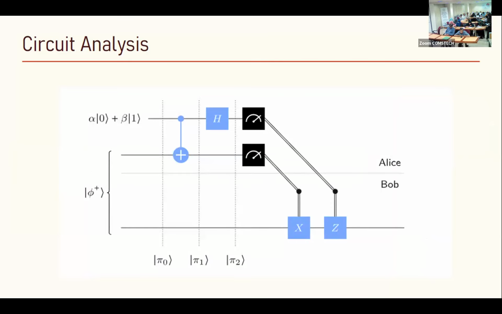The next step is that a C0 gate is applied on Q0 and Q1, where Q0 is the control bit and Q1 the target bit, and nothing happens to Q2. So I'm referring, starting with the bottom up approach. This is Q2, this is Q1, this is Q0. Nothing happens to Q2, right?